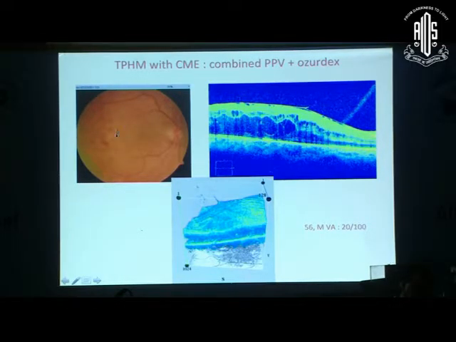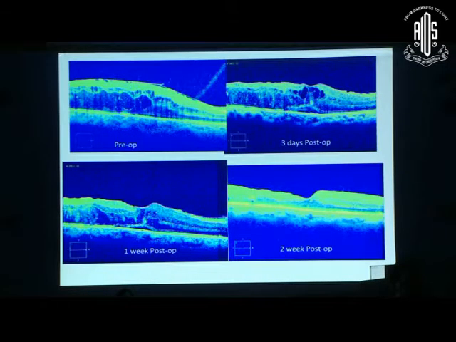This is an example: the patient has a taut hyaloid and a lot of edema, and this is after surgery done preoperatively. This is 3 days, this is 1 week, and this is within 2 weeks. You get it very anatomically normal because you have injected Ozurdex at the end of the surgery. So vitreomacular traction is prevented, and Ozurdex is taking care of the pre-existent macular edema.